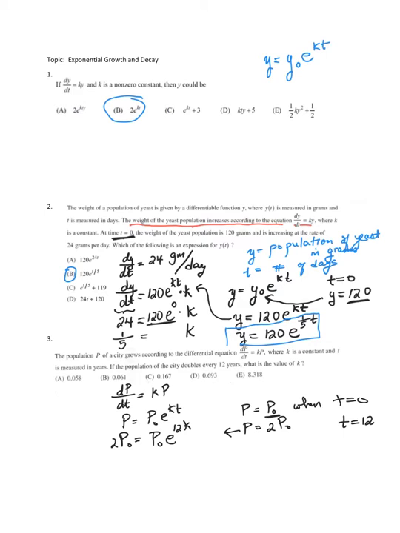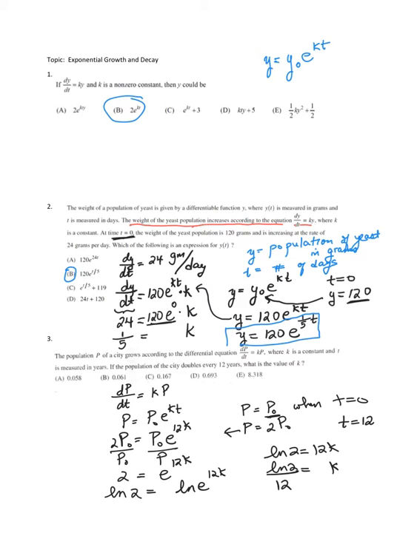Now we could divide each side by p sub 0. We get 2 equals e to the 12k. We could take the natural log of 2 on each side. And we get the natural log of 2 is equal to 12k. And k is equal to the natural log of 2 over 12.